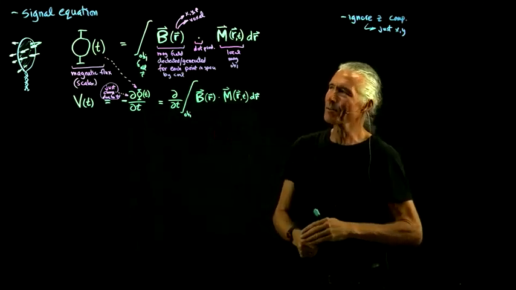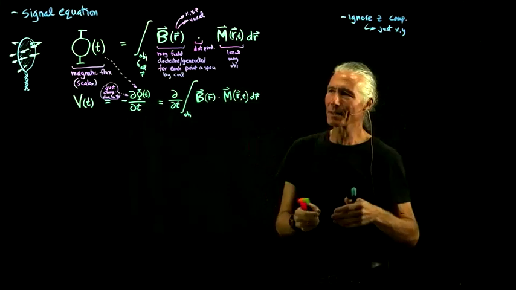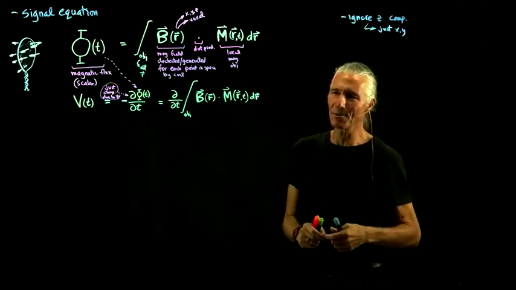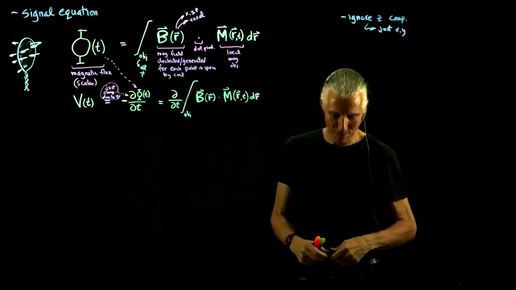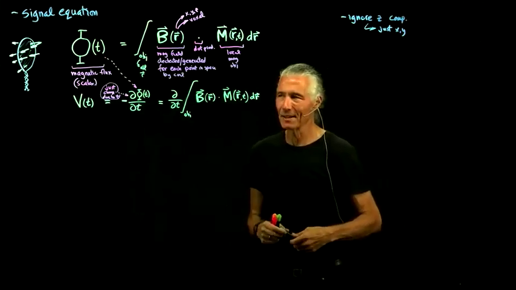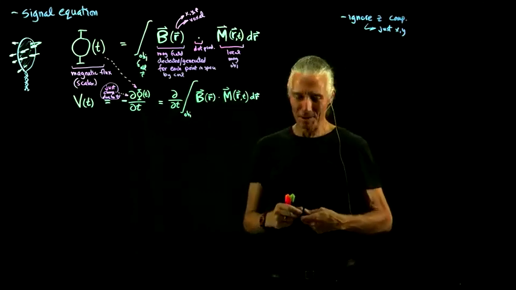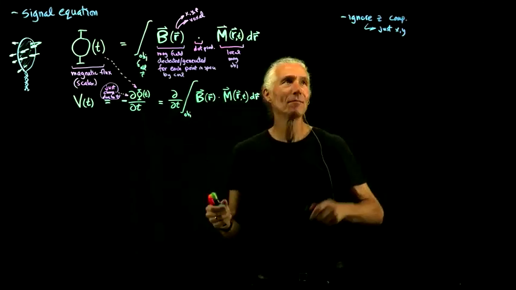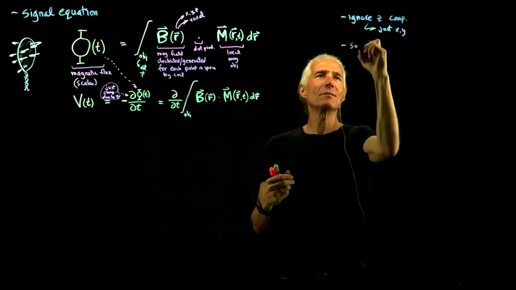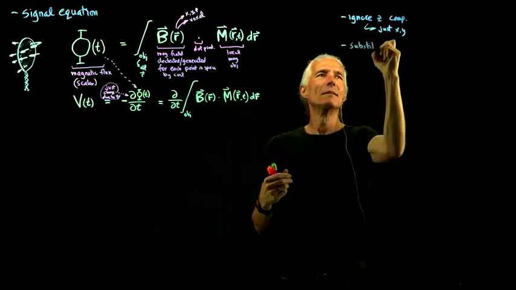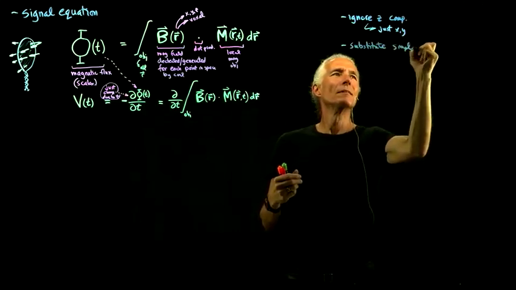It's completely unknown. So it's kind of a useless thing. And so what we're going to do is replace that with something that's more reasonable to make our life simpler to solve the equation. And so basically substitute a simple brain.